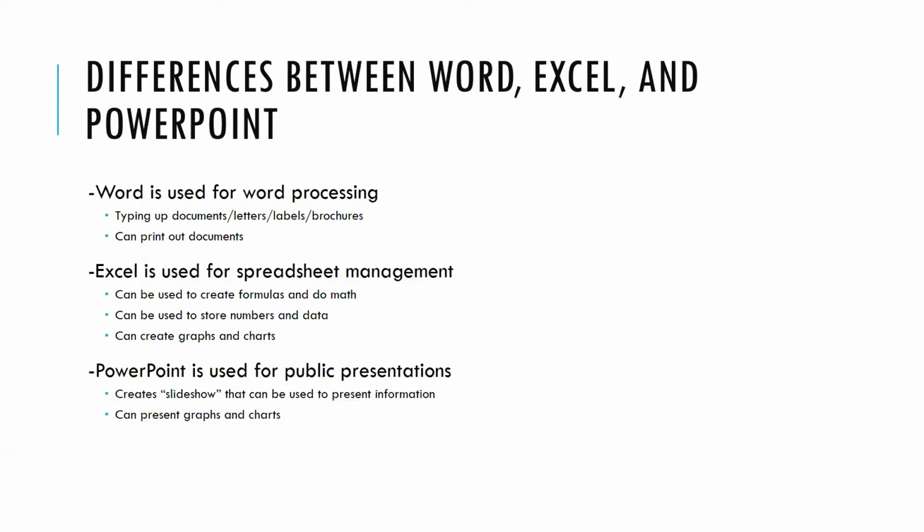Essentially it is a digital typewriter. You can use it to create documents, write a digital letter, or even make labels or brochures. From that digital footprint, you can print things out or email it. Think about Microsoft Word like your digital typewriter, there for making documents digitally.